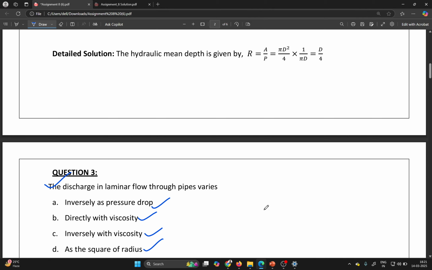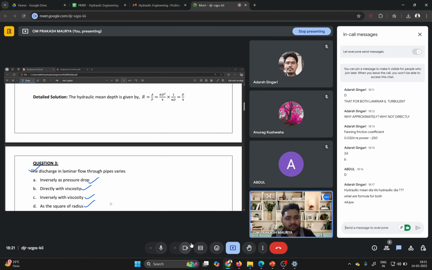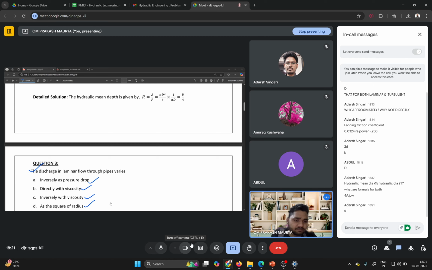So actually here you have to recall one more relation between pressure drop, radius, viscosity and discharge. Then you can get the correct answer. Okay, you are telling option D, as the square of radius.